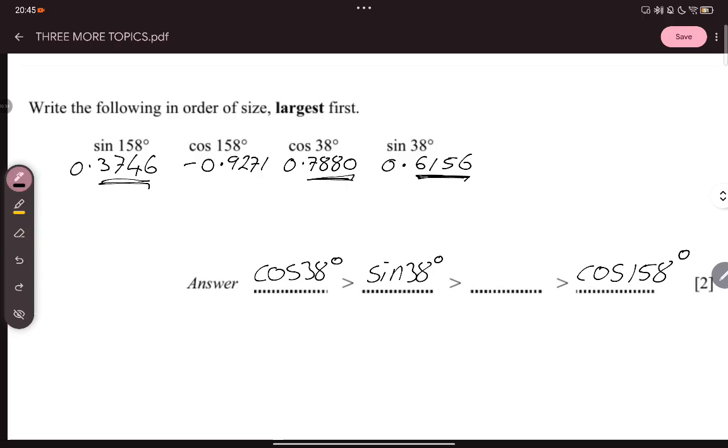I wrote down the actual decimal number instead of the number that they give me in the question. You absolutely must write down the numbers as they are given to you originally in the question, not the decimals.